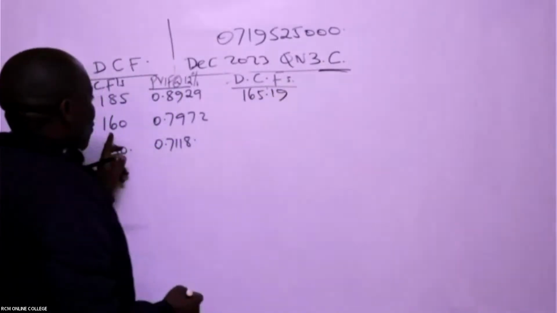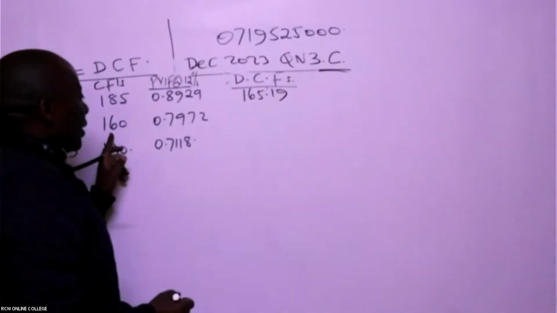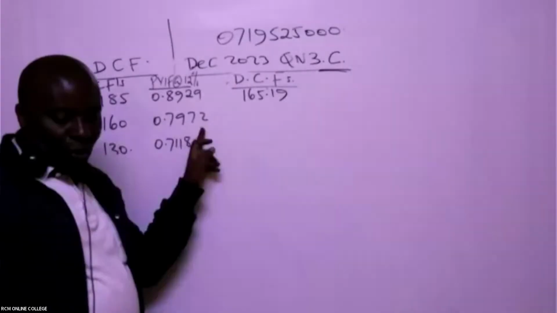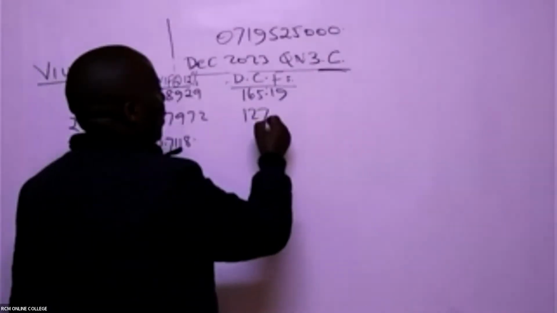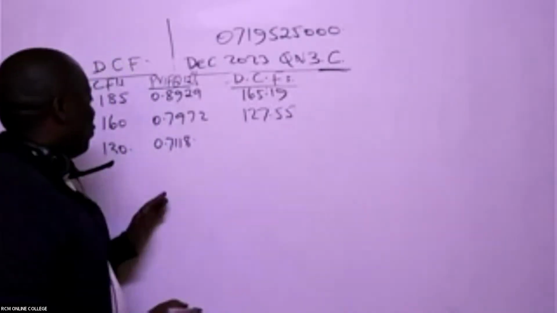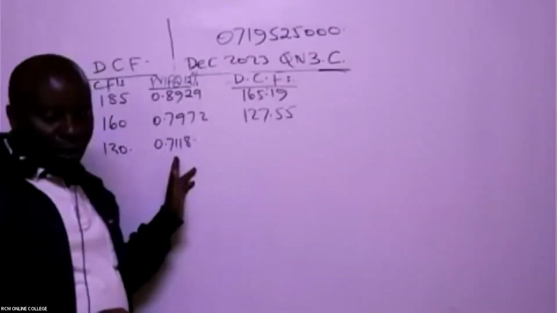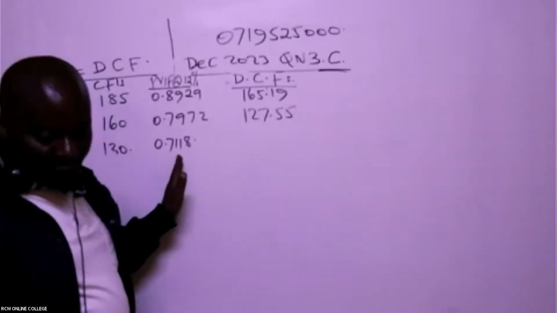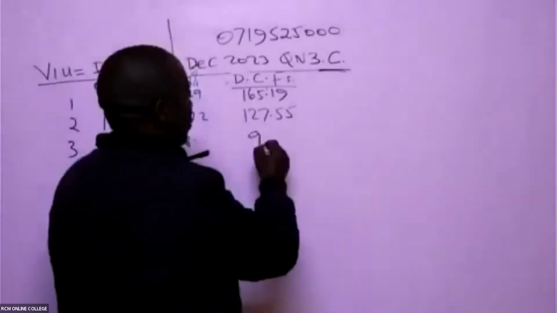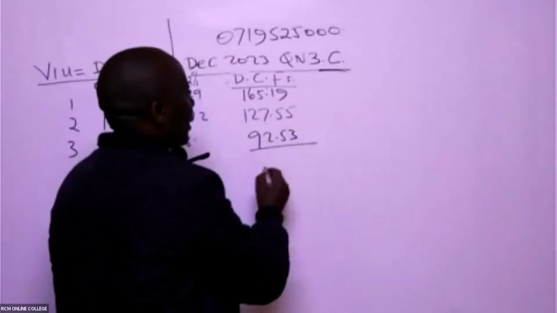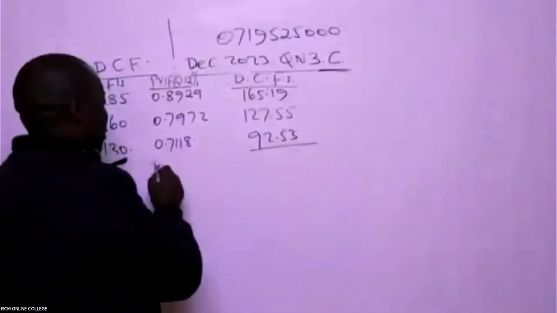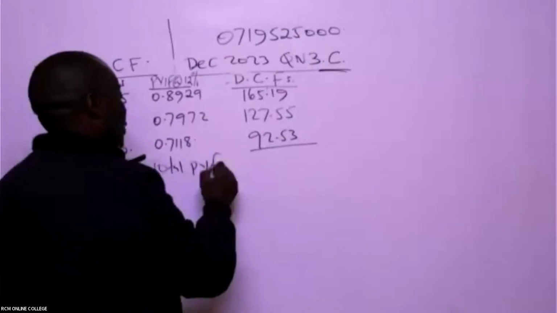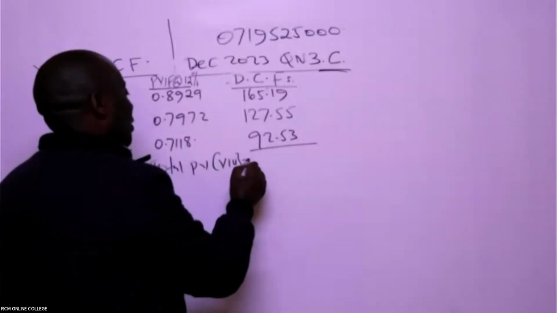Then we have 160 times 0.7972, which is 127.55. Then we have 130 times 0.7118, which gives me 92.53. So please give me the total present value, which will be my value in use.